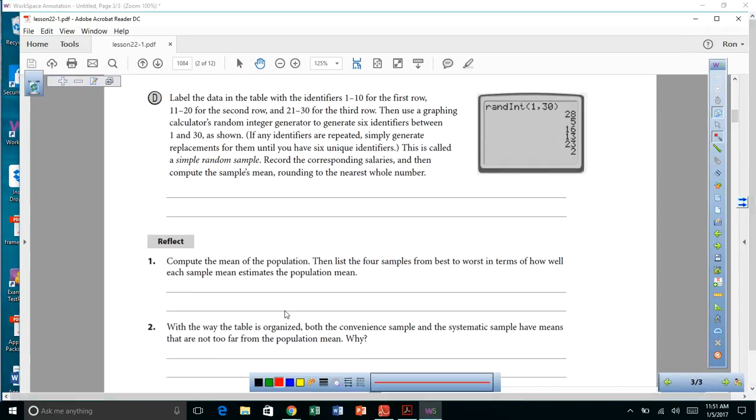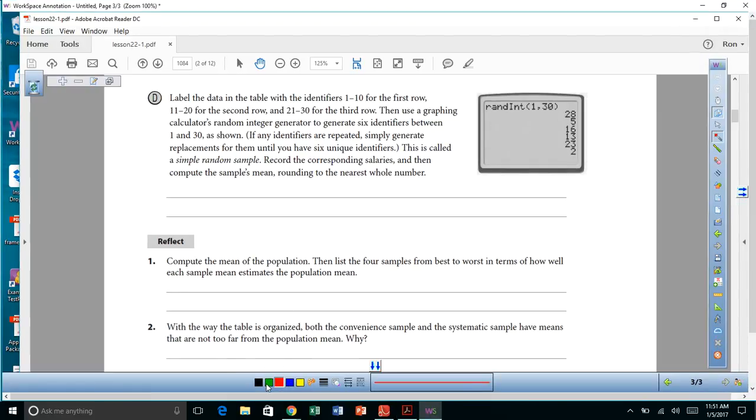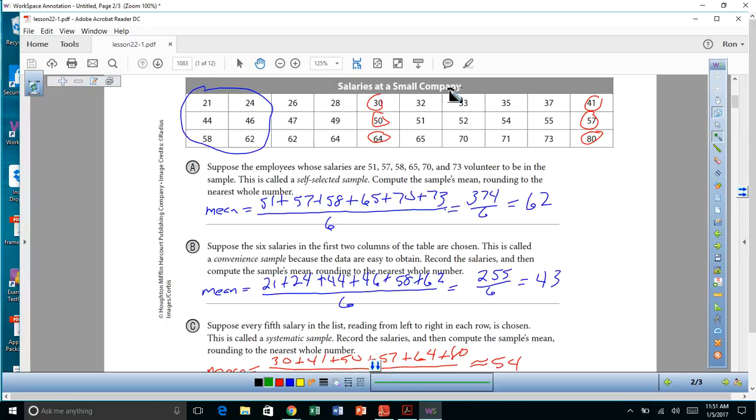I'm going to need a different color, so I'm going to use green here. The mean, and what are those 6 numbers? 28. What's the 28th number? Let's go back over here to look. That's 10, 20, 21, 22, 25, 26, 27, 28. So we got 71.